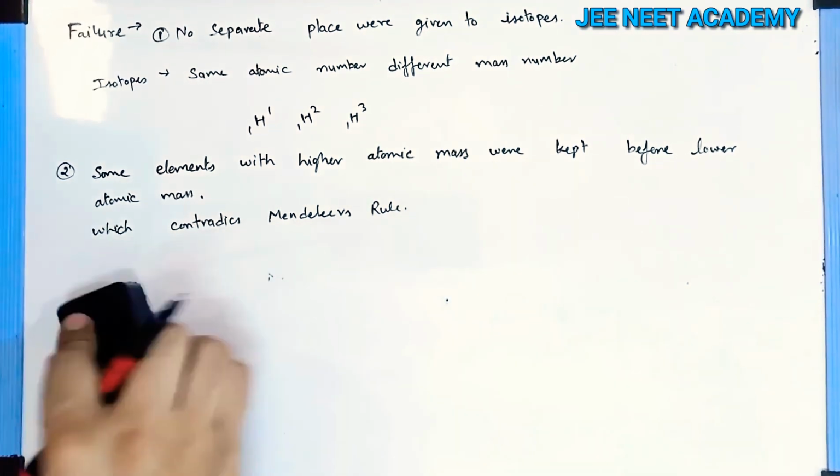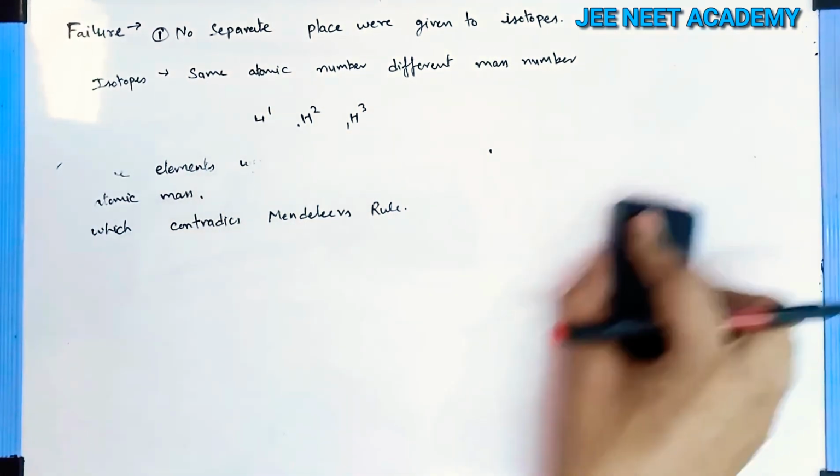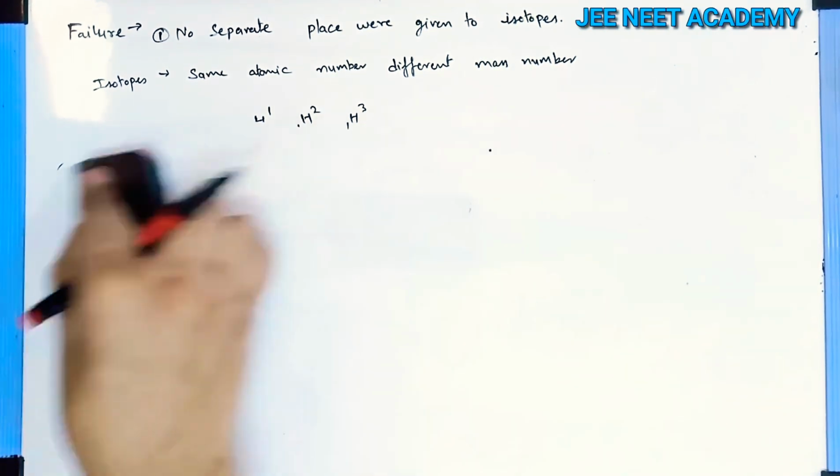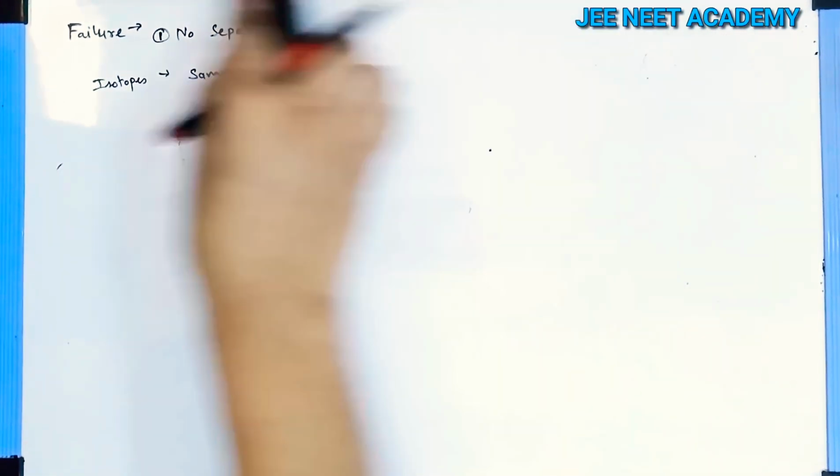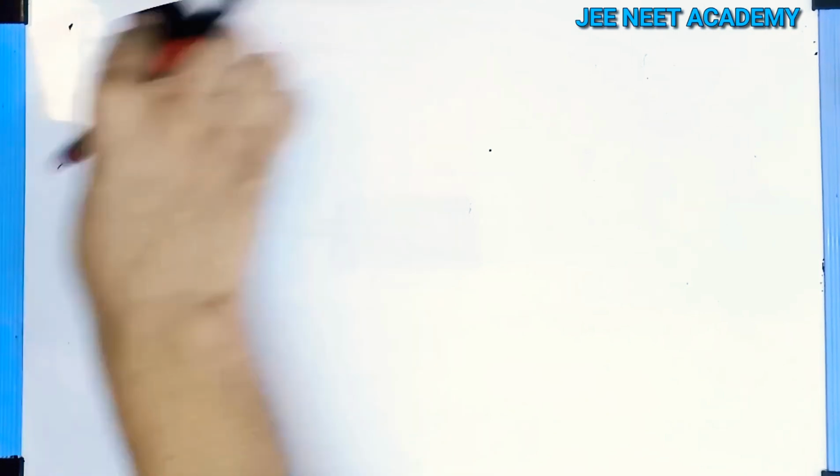Moseley. Moseley was the scientist who bombarded dense X-rays on elements, and he showed that the periodic properties of elements are based on atomic number, not atomic mass.